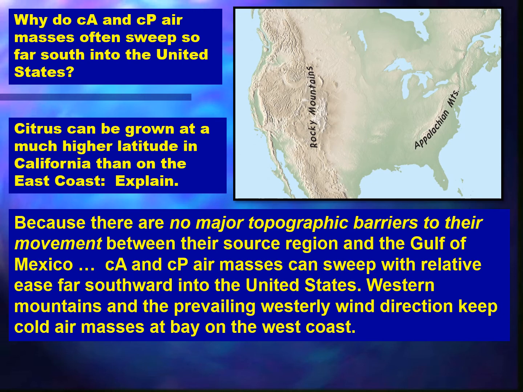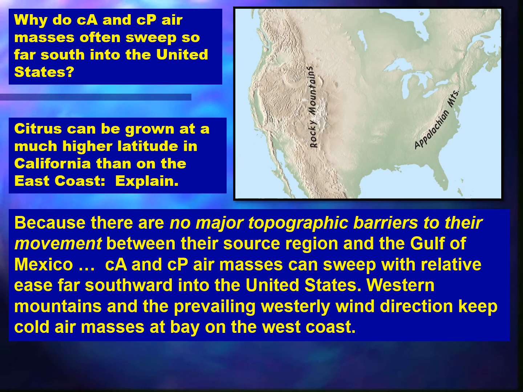Because there are no major topographic barriers to the movement, say from north to south, between their source region and the Gulf of Mexico. Do we have topographic barriers? We do. We have the Rocky Mountains and the Appalachian Mountains. Of course, the Appalachian Mountains aren't nearly as tall. So they're going to affect what happens to, say, the westerlies, the winds blowing from west to east.